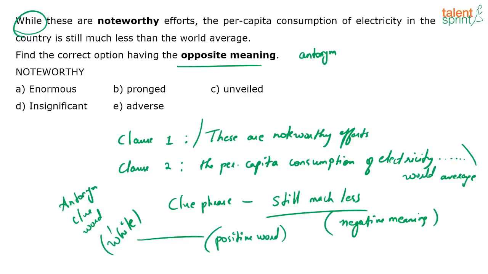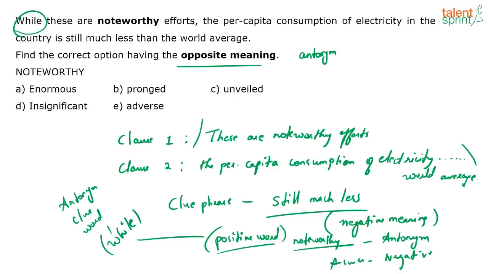If this is a positive word, I am looking at an antonym, which means I again need a negative word, right? If noteworthy is a positive word, because I need an antonym, my answer should also be negative. Okay? Now I have an idea.